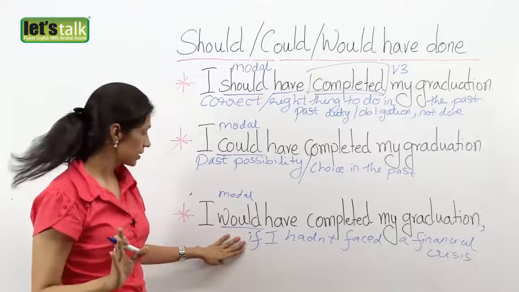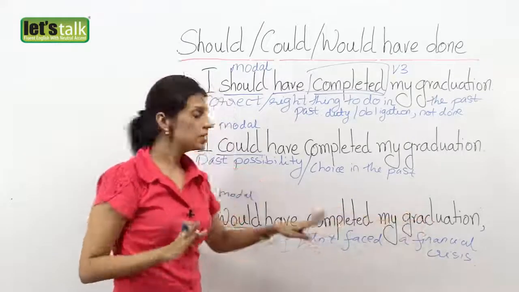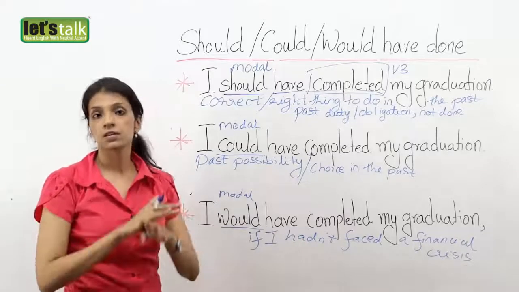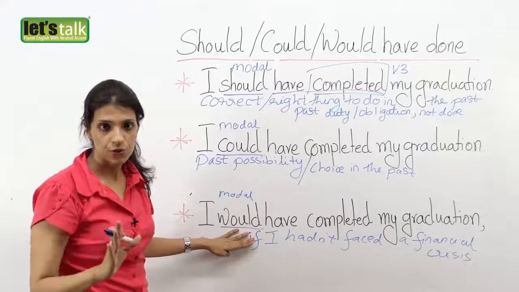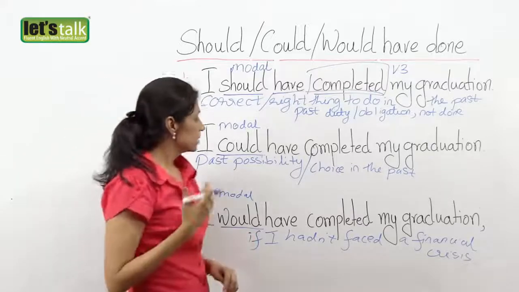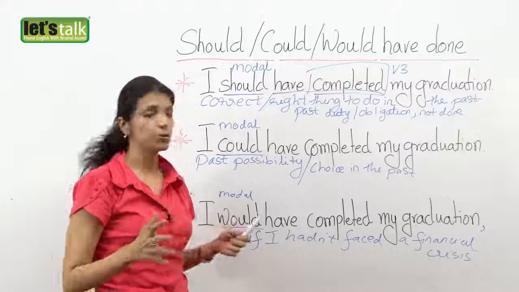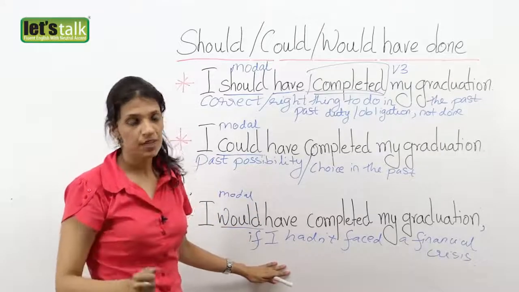Alright, please remember that. So you say I would have completed my graduation. Even in this you haven't completed your graduation, but due to certain reasons that were not in your hands, you say, I would have completed my graduation. Now, for example, you take a project home and you have a deadline and you have no electricity supply. So you cannot use your PC at home.